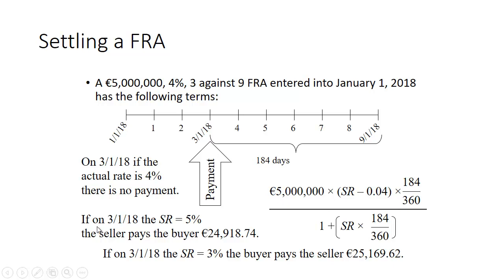If on March 1st of 2018, the settlement rate is 5%, then the seller pays the buyer 24,918.74 euros. And you can work that out for yourself.